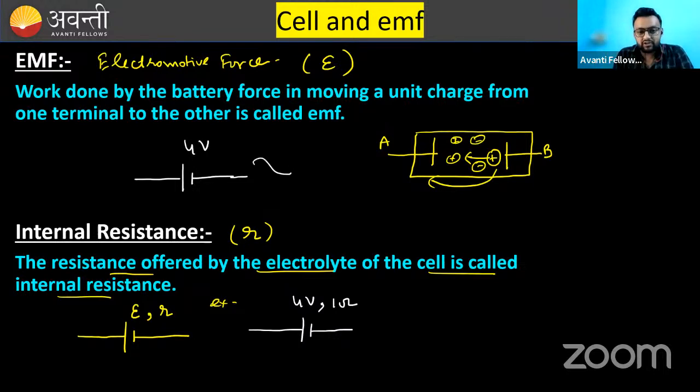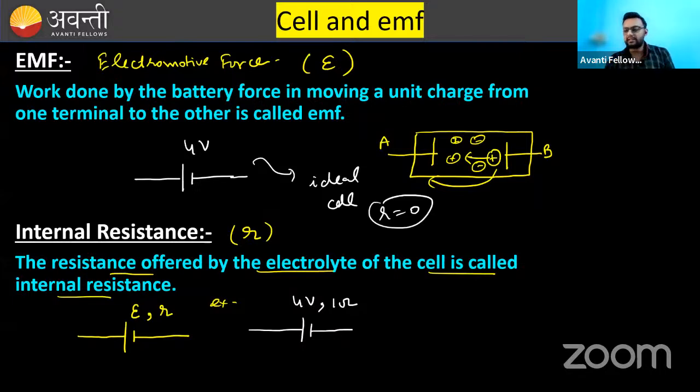So this is the representation of an ideal cell, which has r equals 0. So I think 2 or 3 things are clear here. Whenever you see a representation like this, that means this cell is ideal, whether it is mentioned or not.